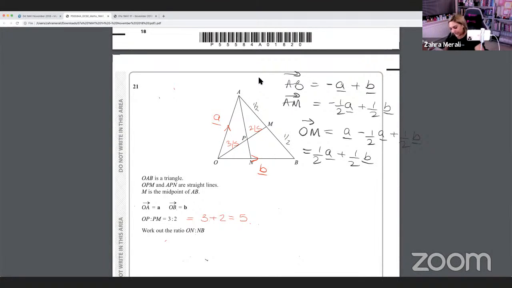Right, now how do we go from O to P? Well, we know O to P is 3/5.